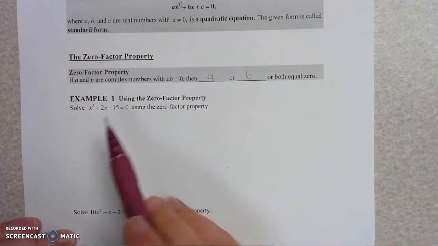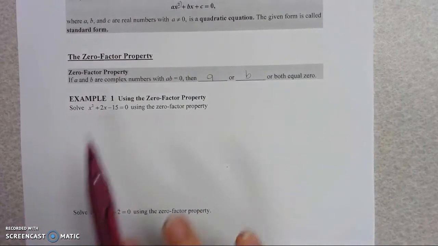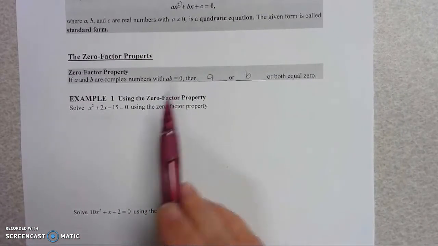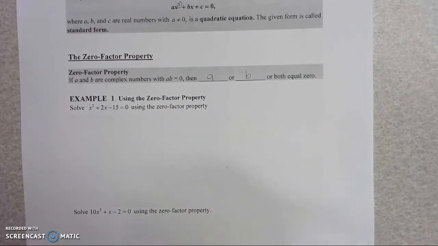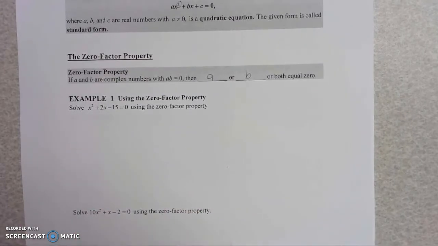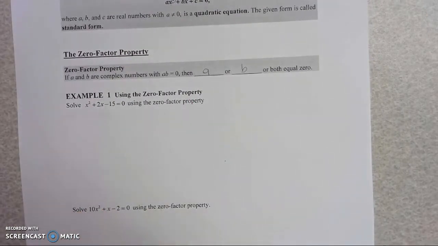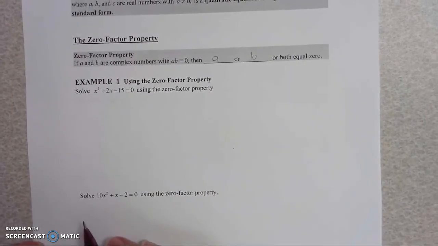And so what we're going to do is factor out these quadratic expressions into our factors. Just like a is a factor and b is a factor, we're going to have some factors and we're going to set them equal to 0 and find what x values make the left side of this equation be a 0. So if it says the zero factor property, you want to factor it if it will, and then set each factor equal to 0 and solve for x.